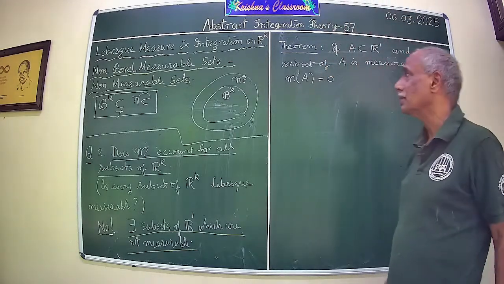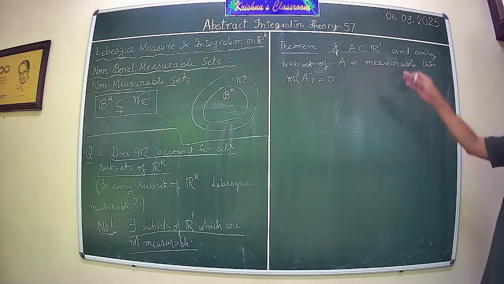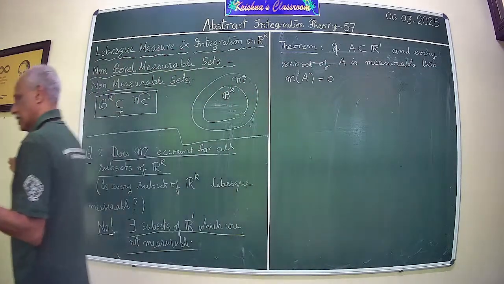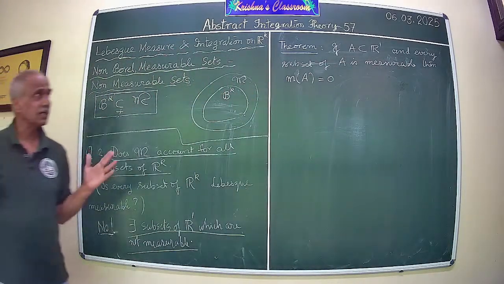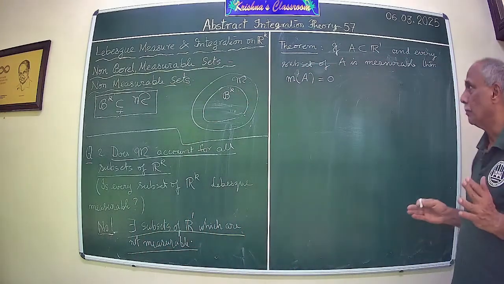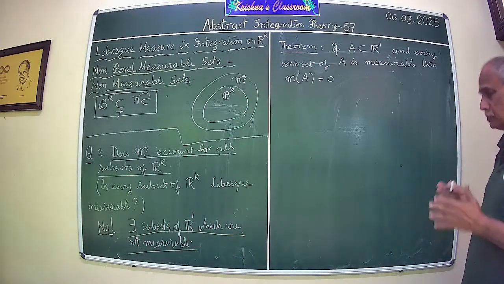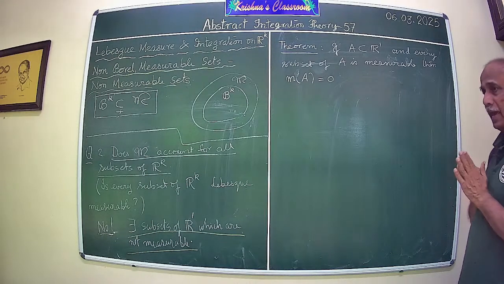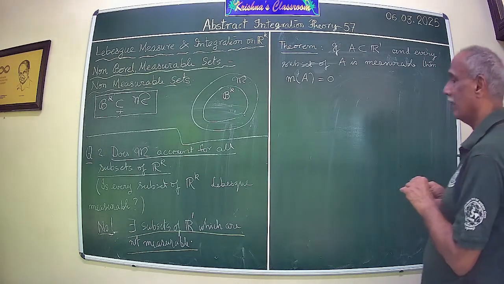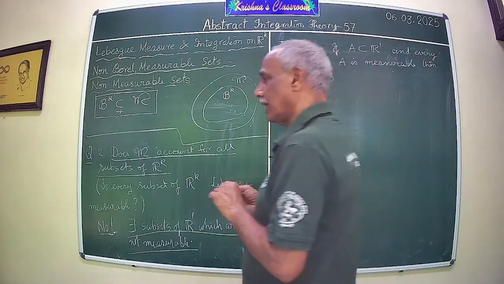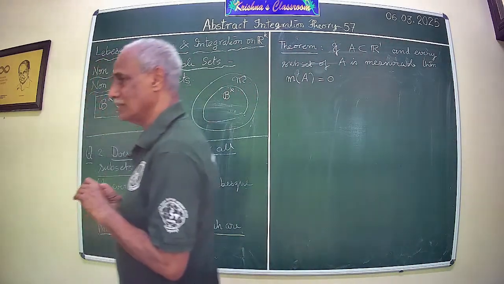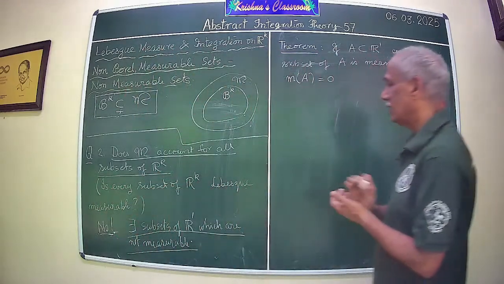Because you know that we are talking about an arbitrary subset of R, for instance, an interval. You know that the Lebesgue measure is not 0. But suppose every subset of A is Lebesgue measurable, then the measure of A equal to 0. Okay, right?